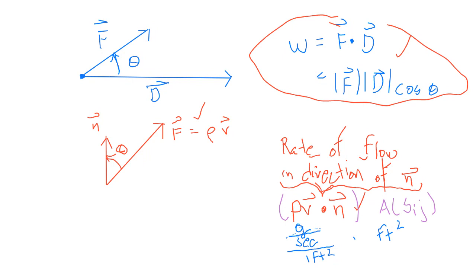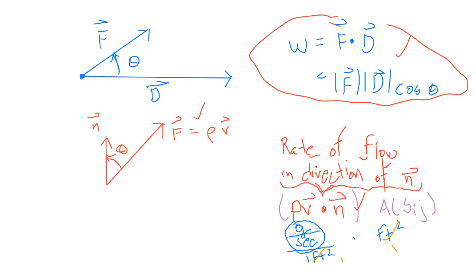What's going to happen to those square feet? When you take the dot product times the area of the patch, the square feet simplify out. Good. And what are you left with? You're left with grams per second.